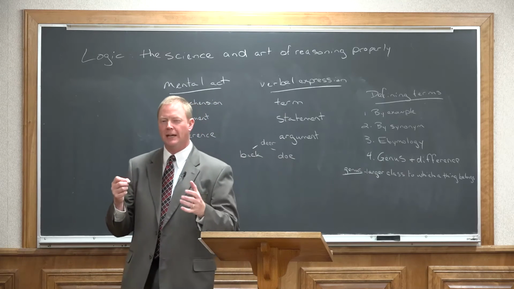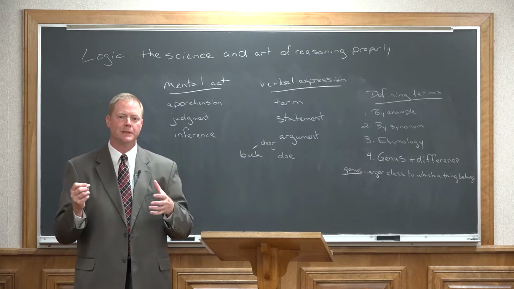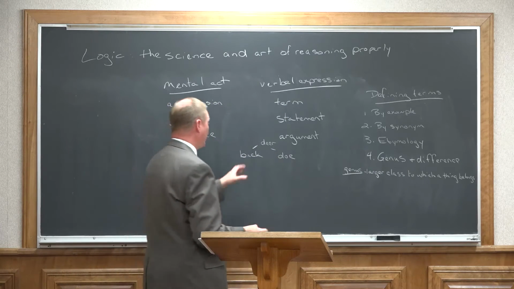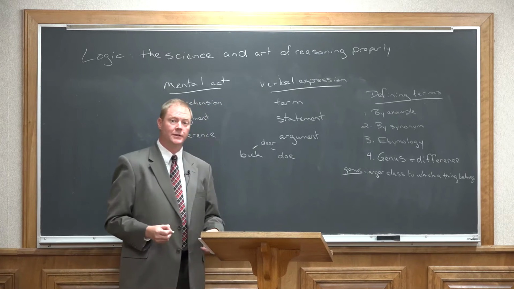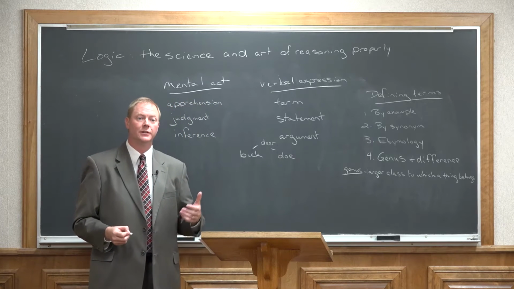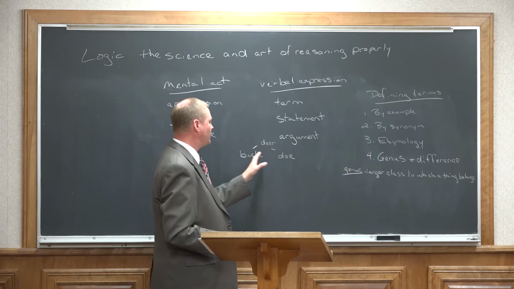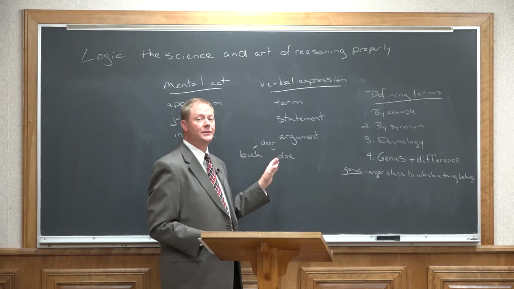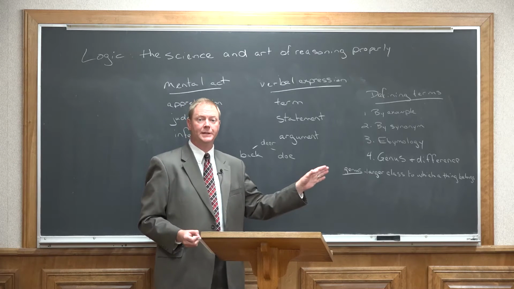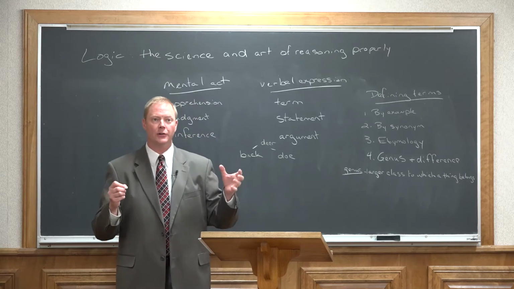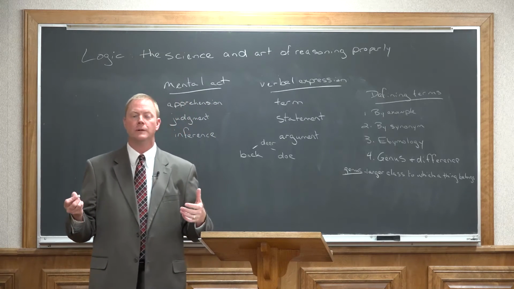Well, if you take a buck, then you have deer. You have these species of deer. The buck is one species. The doe is another species. So you think about, okay, buck and doe.